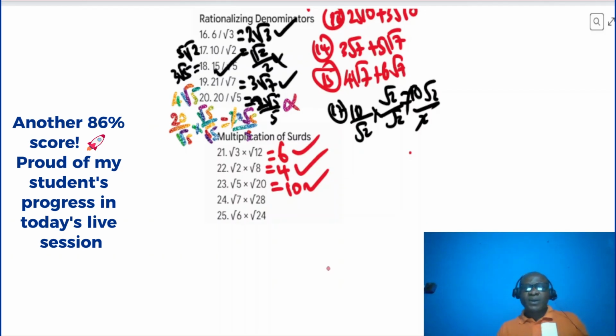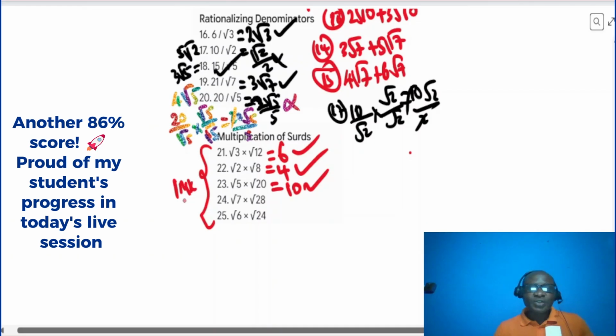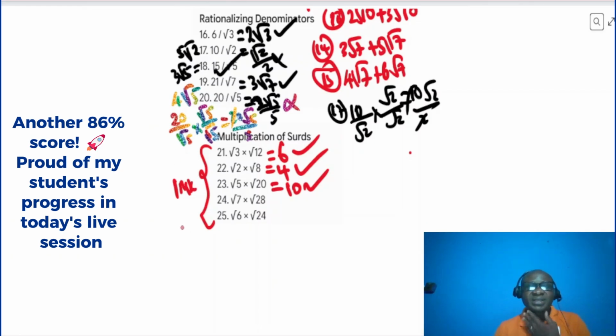Number 24. 14. See, you are going to make 21 to 25 1 mark. So 21 to 25 and 1 to 8 are the same question strength. Is that okay? Yeah. So number 24, what did you get? 14. 14 is correct. And the last one? 12. Okay, 12 is correct, yes.